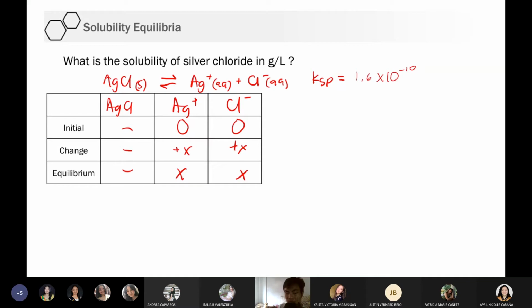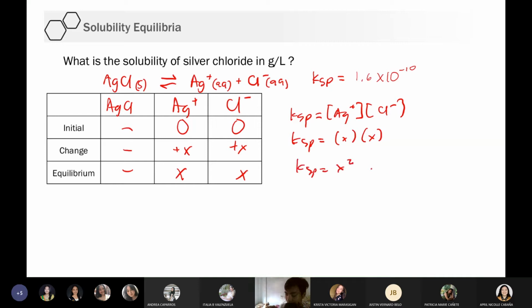And then, you can do the usual equilibrium calculation to solve for x. So, alam nyo na naman kasi to. So, plug in nyo na lang. So, Ag plus is x. Silver is x. So, we get Ksp equals x squared. To solve for x, that is the square root of Ksp.